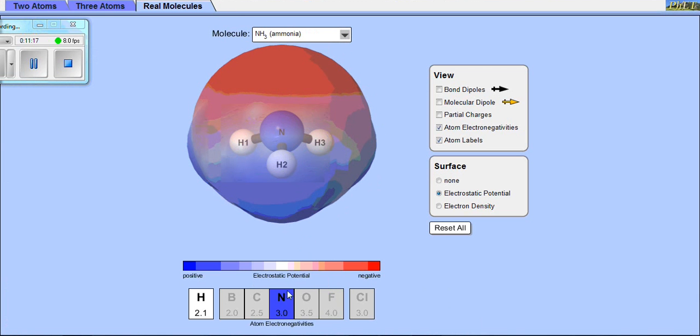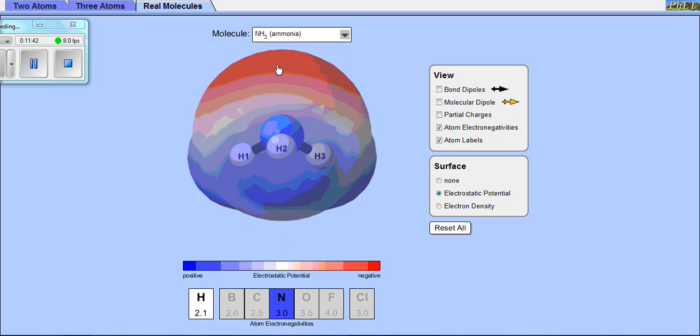So as a result, nitrogen has an electronegativity of 3 and hydrogen has an electronegativity of 2,1, the electrons will be pulled more towards the nitrogen rather than the hydrogen. And the result is the nitrogen side of the molecule becomes negative and the hydrogen sides, which are all at the bottom, will become positive.